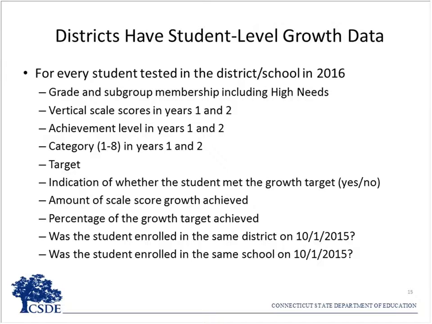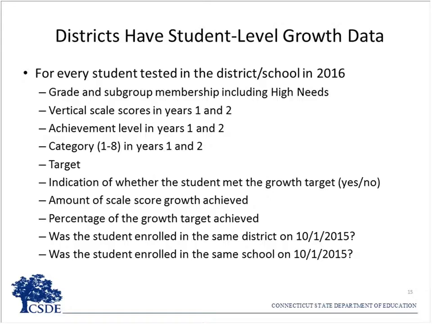I mentioned the student level data. The student level data file includes, for every student tested in your district in 2016, the grade and subgroup membership. We also provide a flag for high needs. It includes the vertical scale scores from years 1 and 2. It includes the achievement levels from years 1 and 2. It includes those 8 categories I just mentioned.